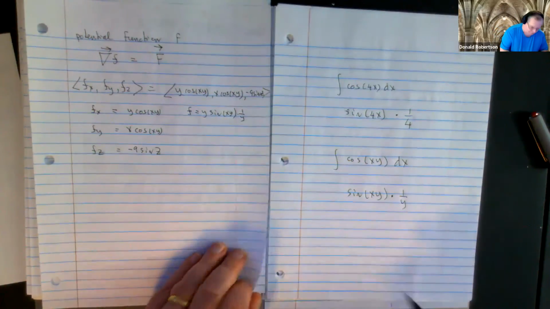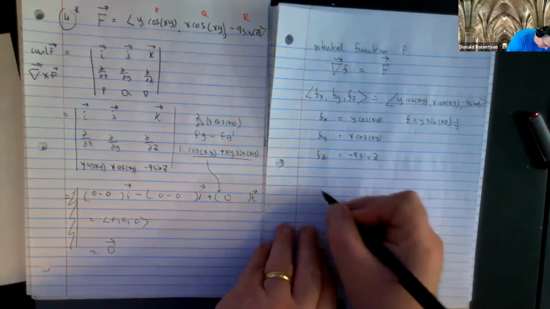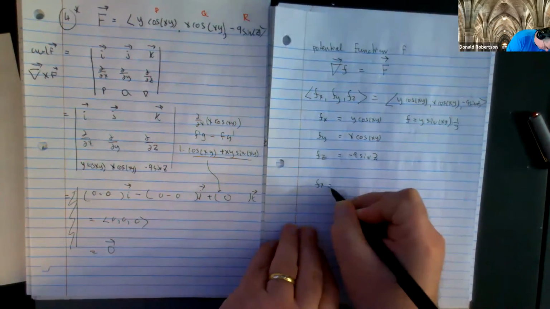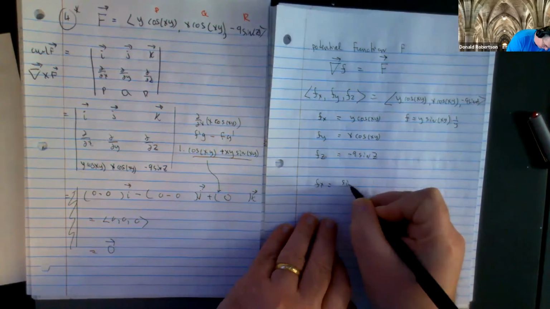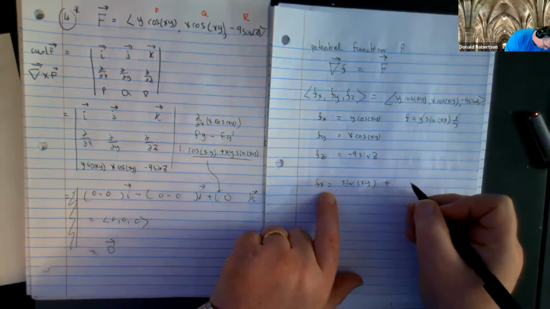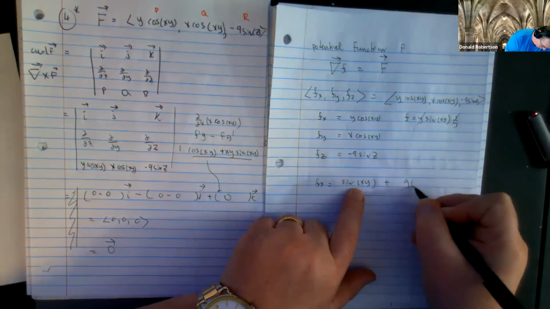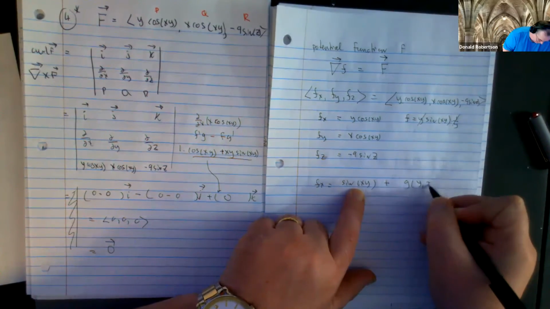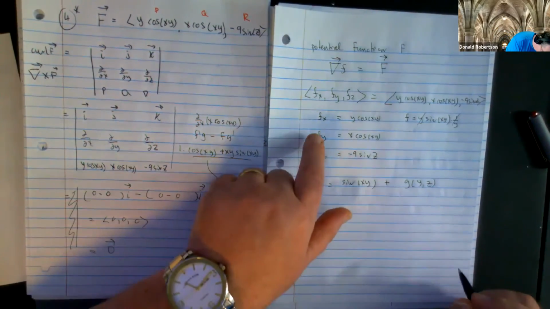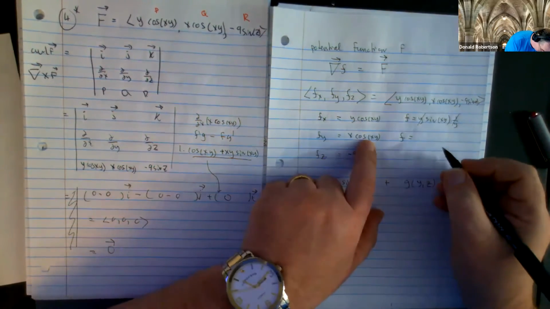Now, when you put it here then, f ends up being the sine of xy, because they cancel, plus an arbitrary constant that doesn't have an x in it. So some function g of y and z. Now, if you do this one, and you integrate it with respect to y, you will eventually get.